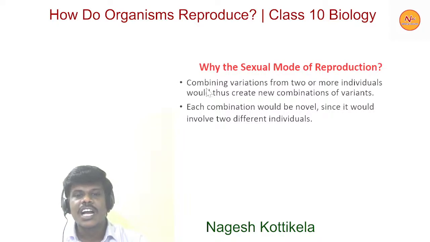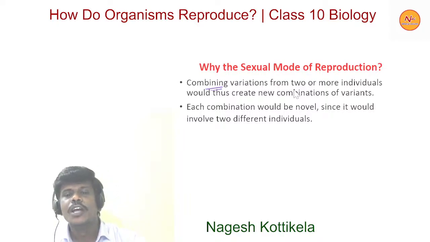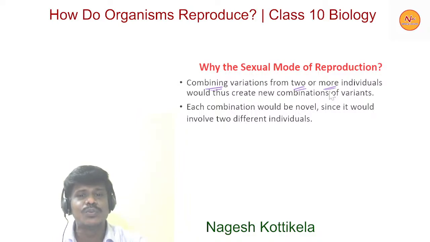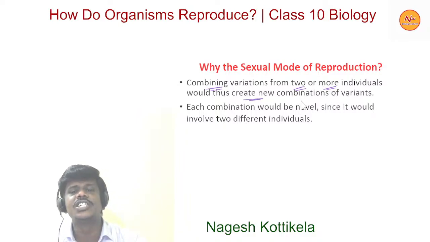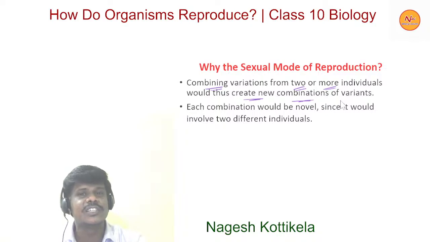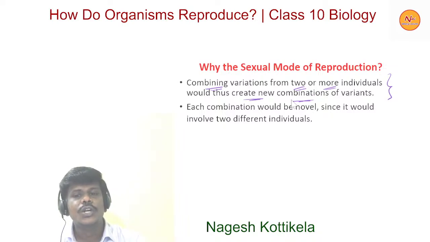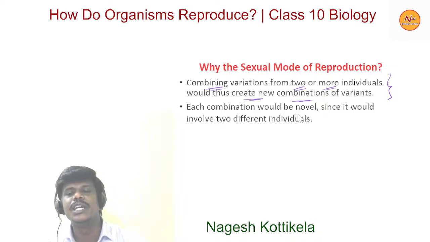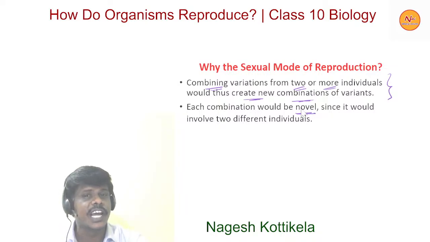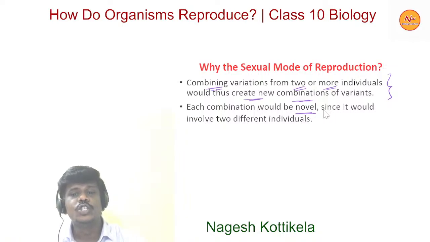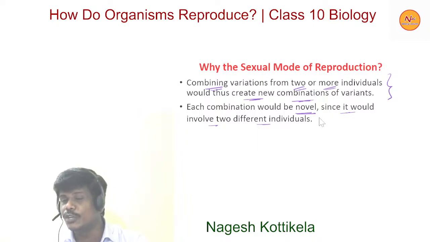Combining variations from two or more individuals would thus create new combinations of variants, and each combination would be novel since it would involve two different individuals.